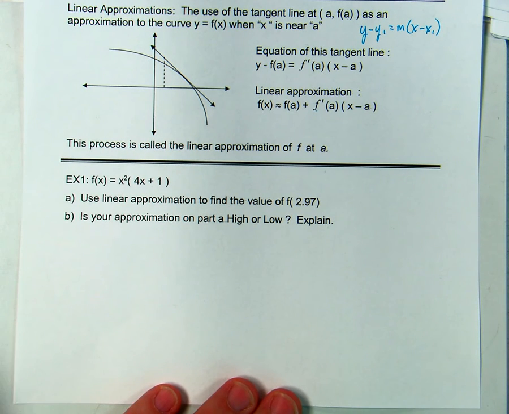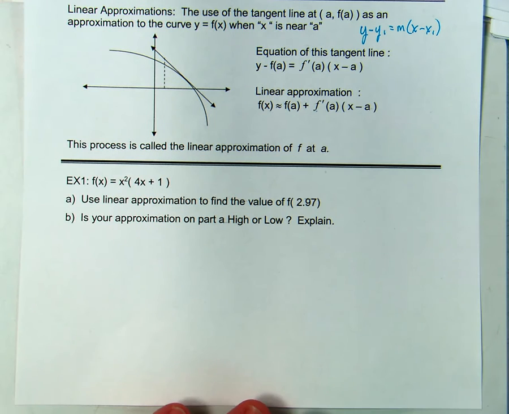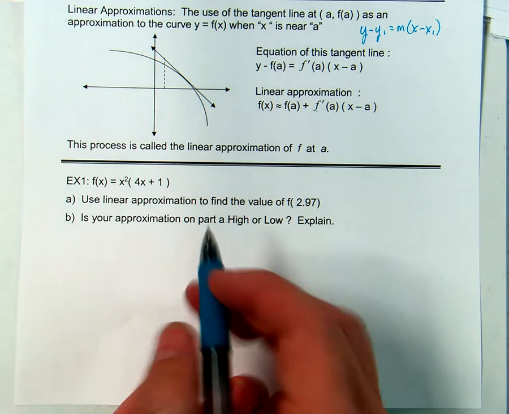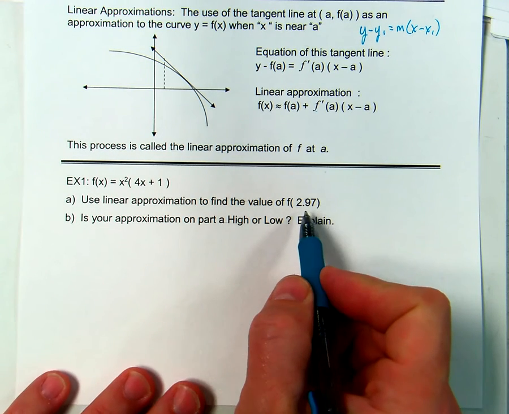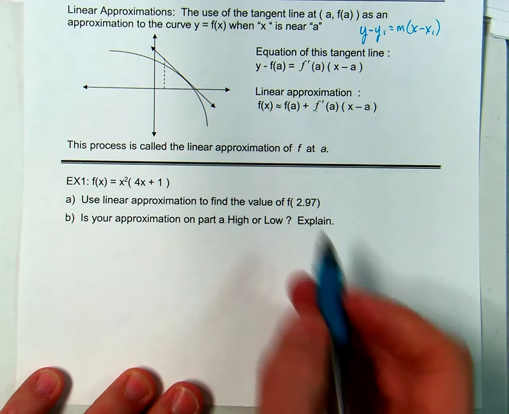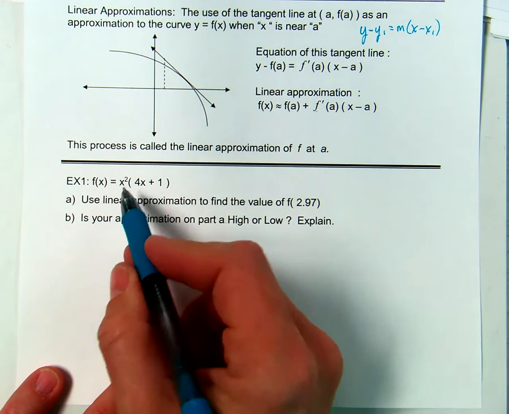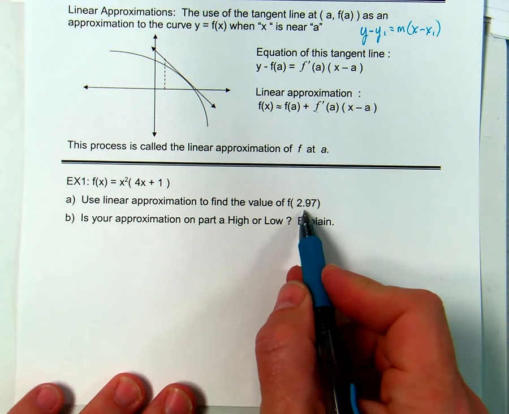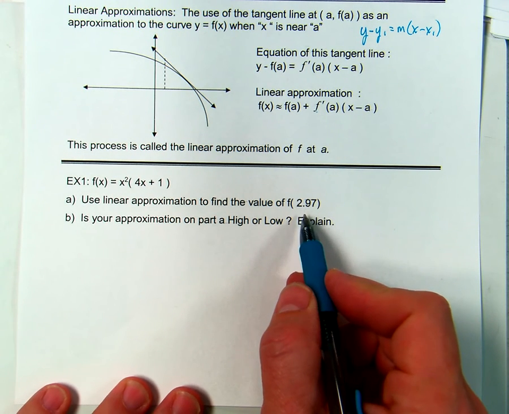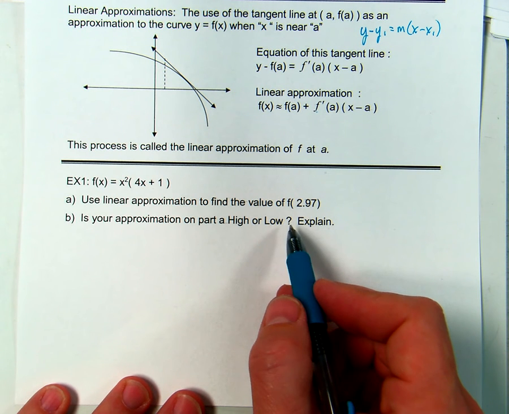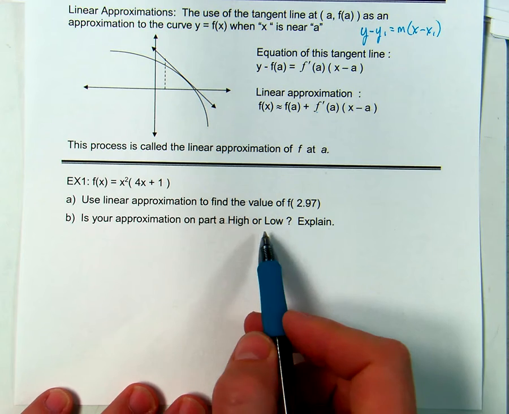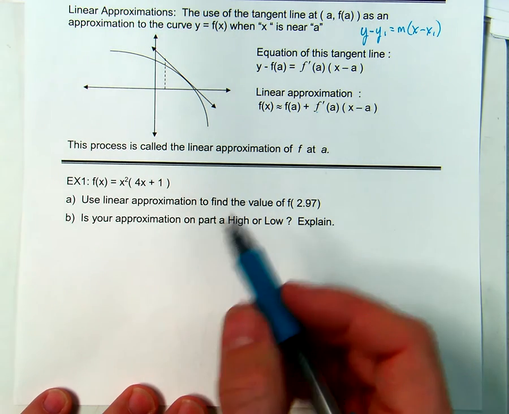Now, when we're looking at this function, we're probably going to have to use some of our rules that we had in the past, but let's just look here for a second. 2.97 would be a hard number to throw in if we're going to be squaring and cubing and doing all these things. But what we could do is say, well, what about 3? 3 is really close to 2.97, so let's look at 3, and then let's see if our approximation, once we do get it, is going to be high or low? And that's the concept that we're trying to establish here.